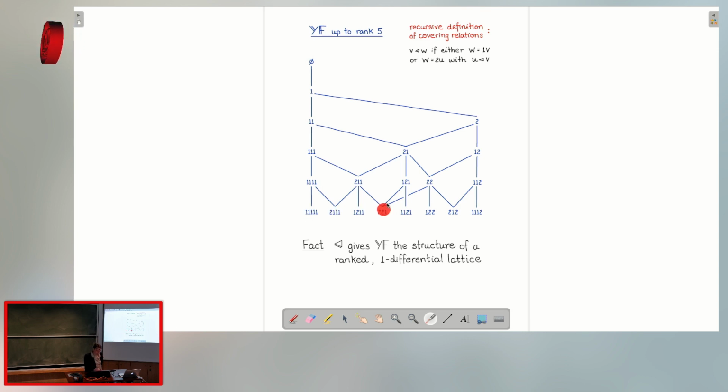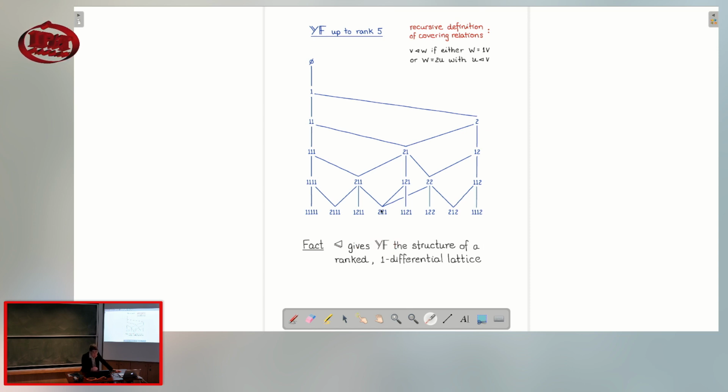But starting at level 5, you get something new, for the simple fact that the 5th level of the Young lattice has only 7 elements. There are 7 partitions of size 5, whereas there are 8 Fibonacci words of size 5. So this is where the discrepancy begins.